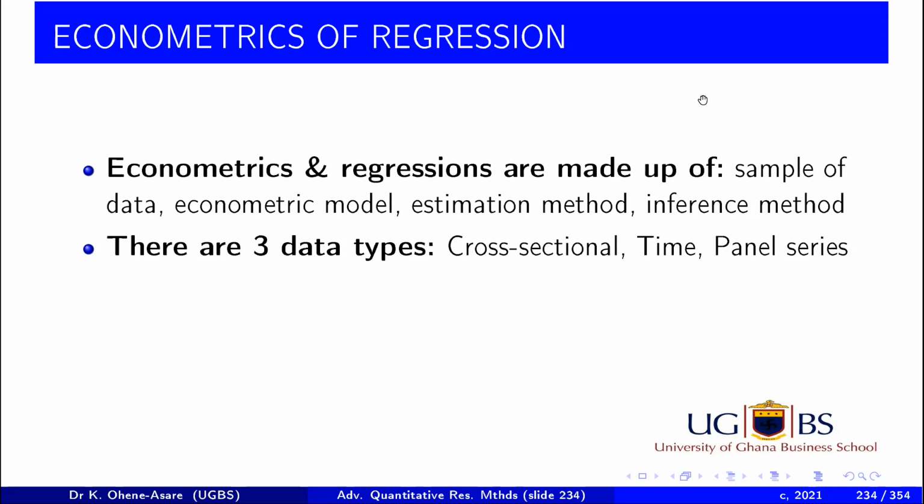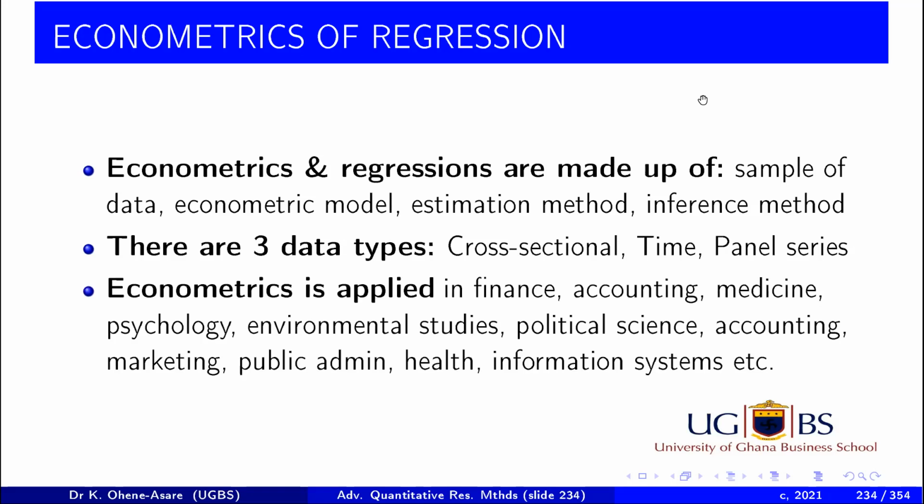There are three kinds of data for econometrics, but we'll consider only two of them. The first one is cross-sectional data. The second one is time series data. And the last one is panel data. I will teach you the nitty-gritty of these data types when we get to the topic on panel data. But for now, we are going to be dealing with cross-sectional data.